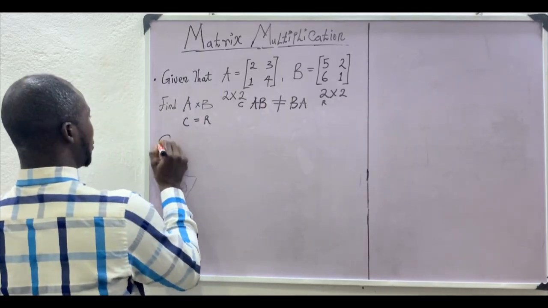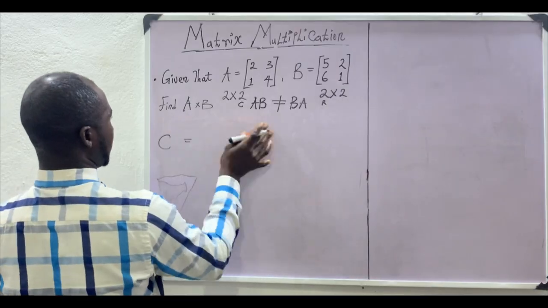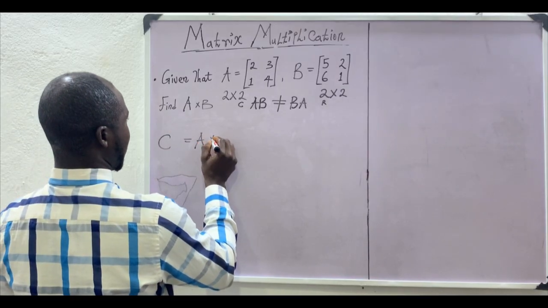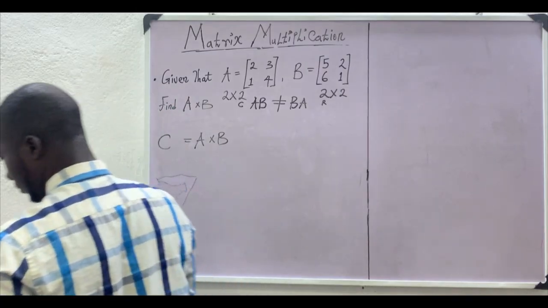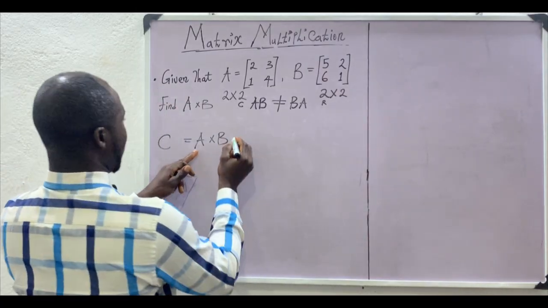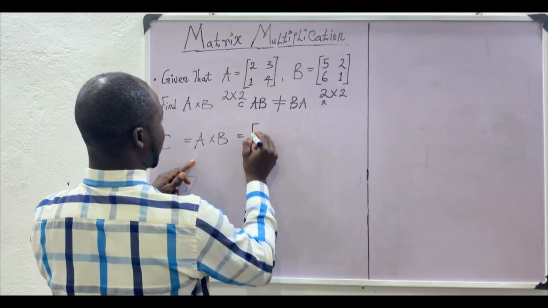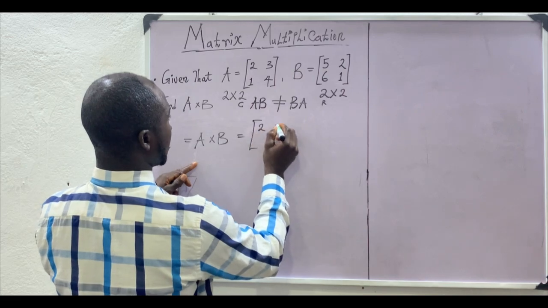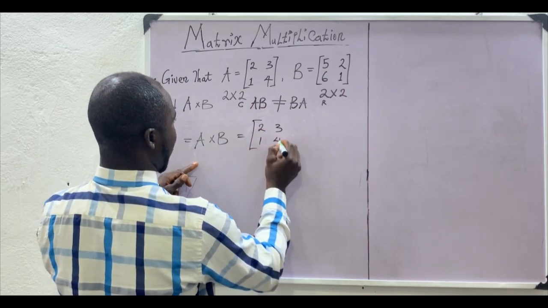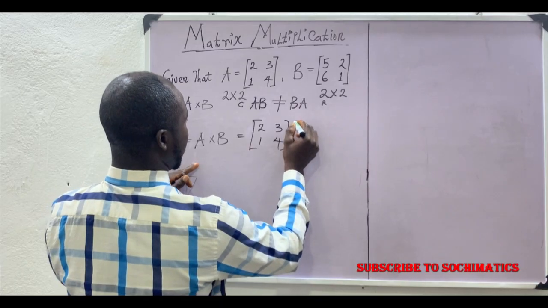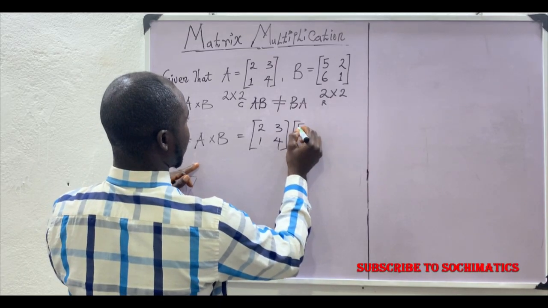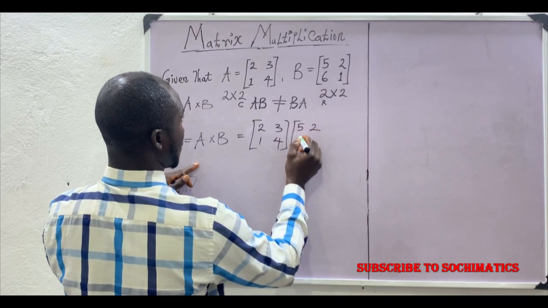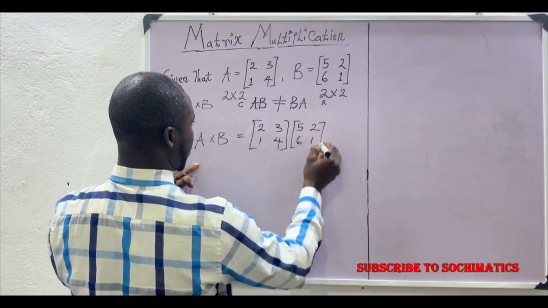That is, if C should be the product of A and B, remember A is this matrix, 2, 3, 1, and 4, and then B is this matrix, 5, 2, 6, and 1.